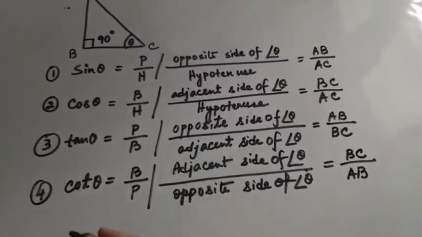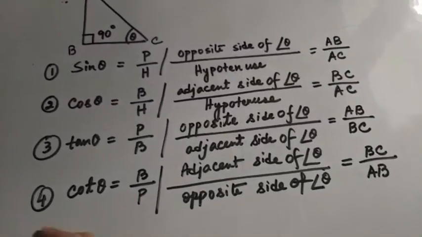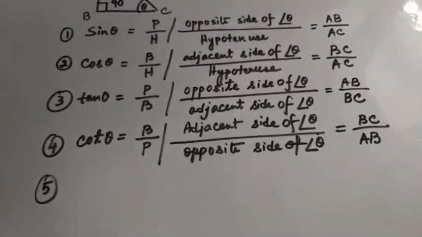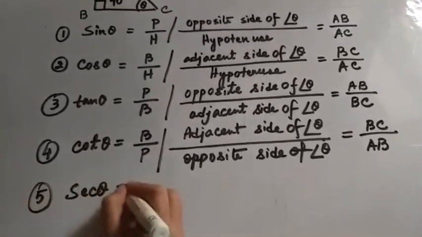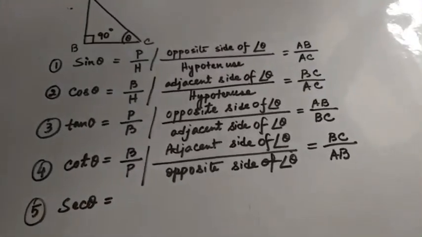Right? Next, number 5, sec theta. Sec theta is the reciprocal of cos theta.